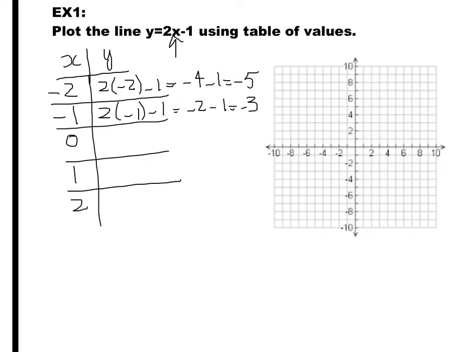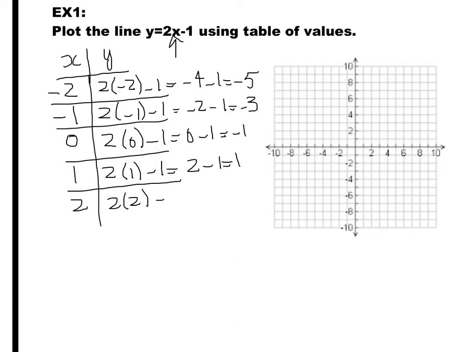For 0, we say 2 times 0 minus 1, which is 0 minus 1, which is -1. For 1, we get 2 times 1 minus 1 is 2 minus 1, which is 1. And for 2, we get 2 times 2 minus 1, which is 4 minus 1, which is 3.